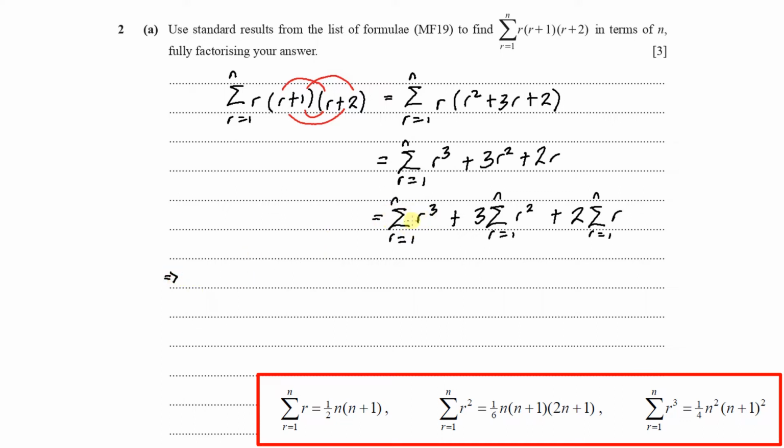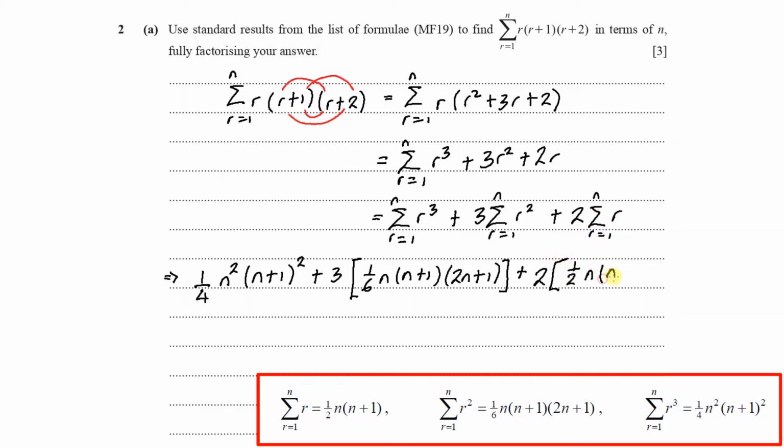For the sum to n of terms of the form r cubed, we have a quarter of n squared of (n + 1) squared, plus 3 of the sum from r = 1 up to n of terms of the form r squared, that's a sixth of (n + 1) of (2n + 1), plus 2 of the sum of terms of the form r, which is half of n (n + 1).